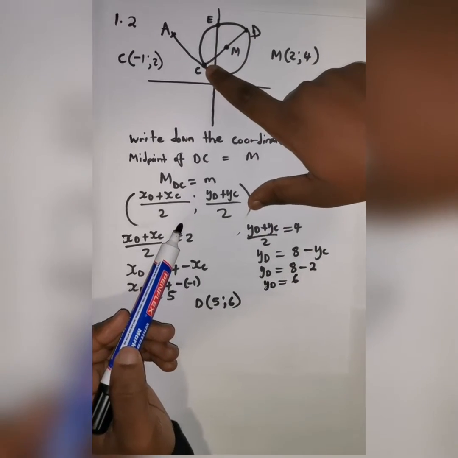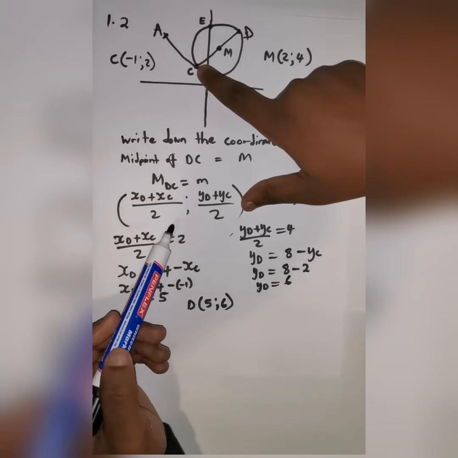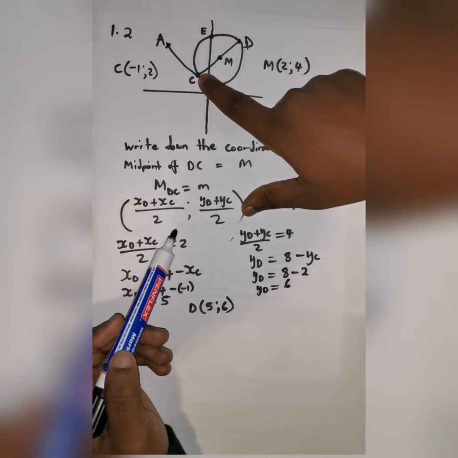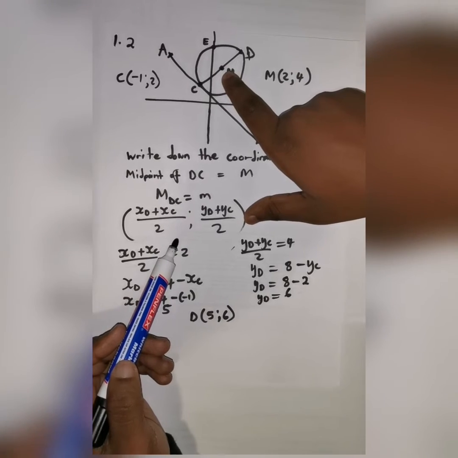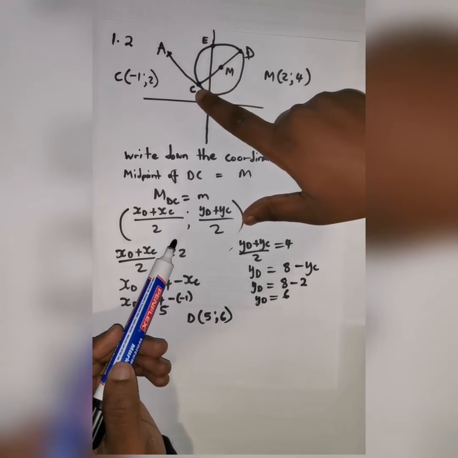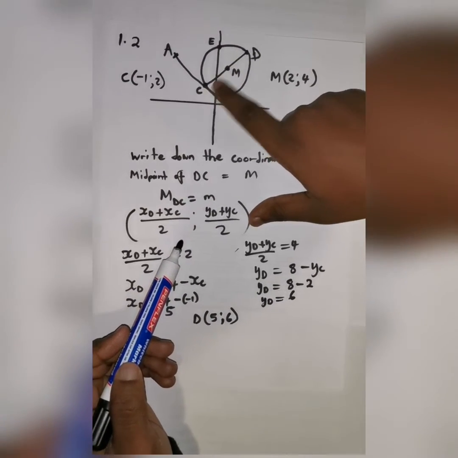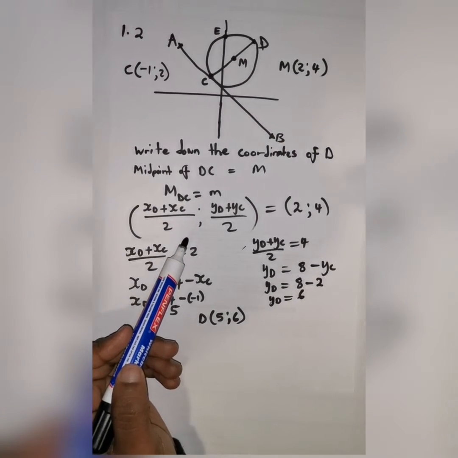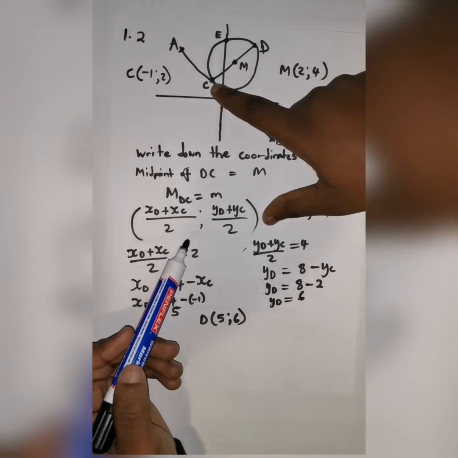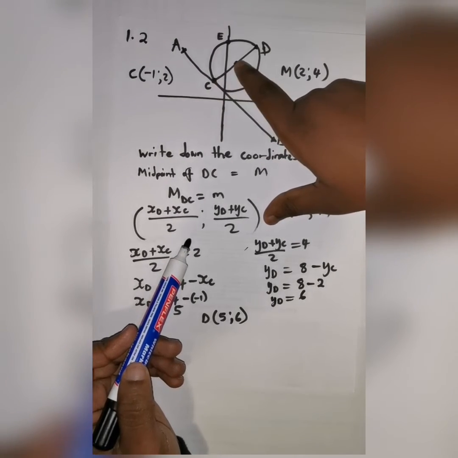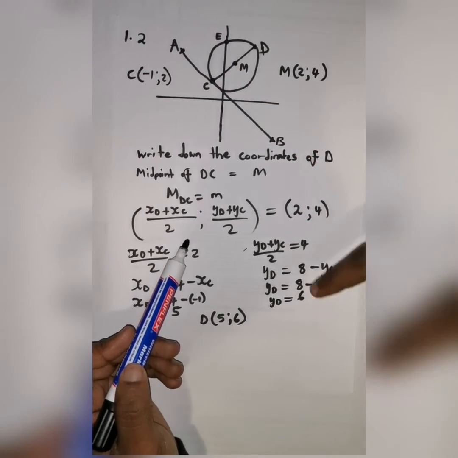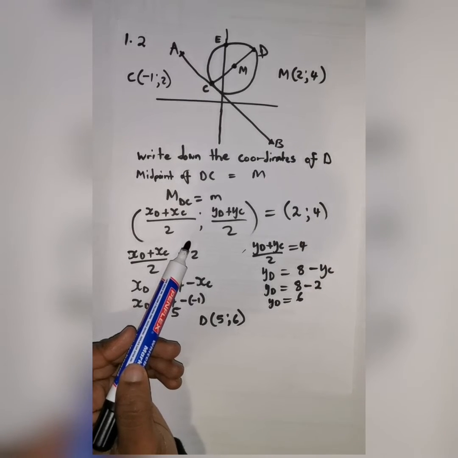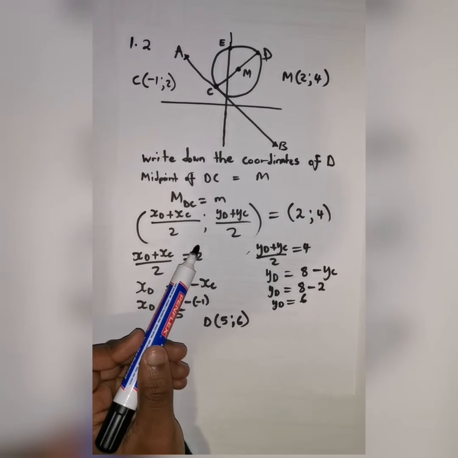The x coordinate at C is -1, and the x coordinate at M is 2. To move from -1 to 2, you move by 3 units. So from C to M, you have to move to the right in terms of x by 3 units.